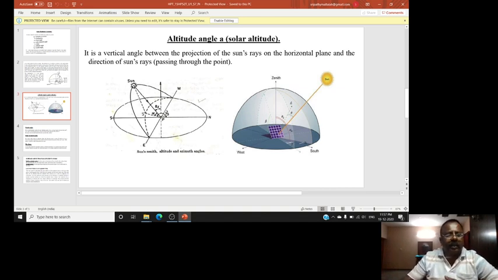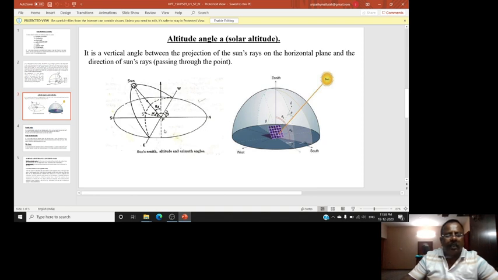Next we need to know about the zenith angle, that is theta z. This portion is the zenith. It is the angle between the sun rays and the vertical line extended to the horizontal surface.